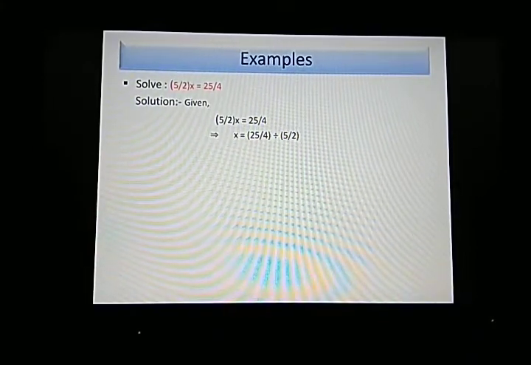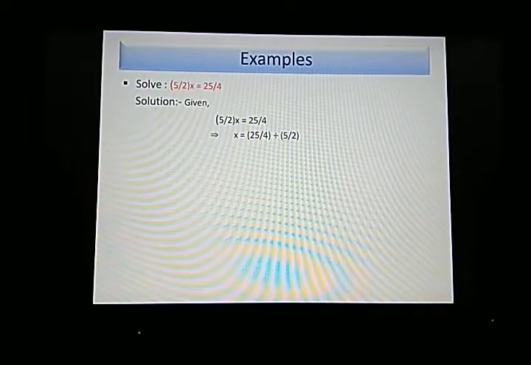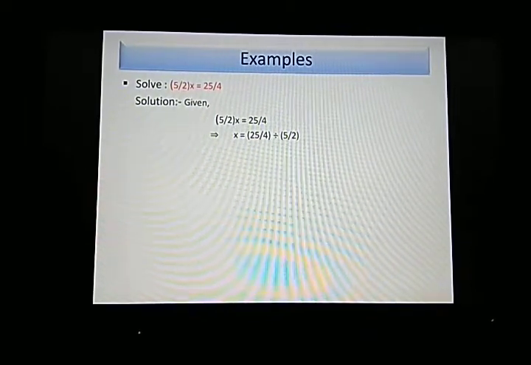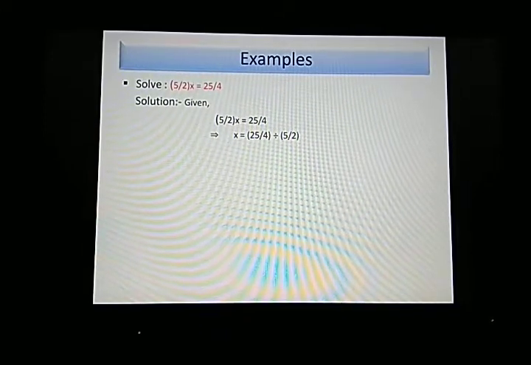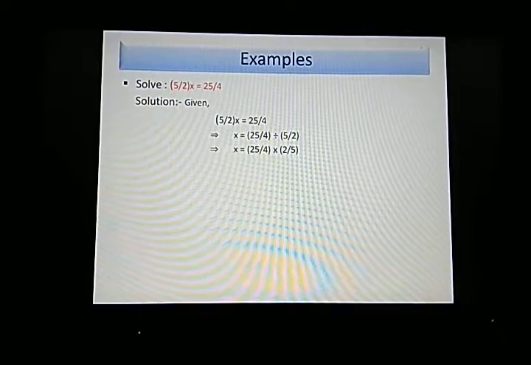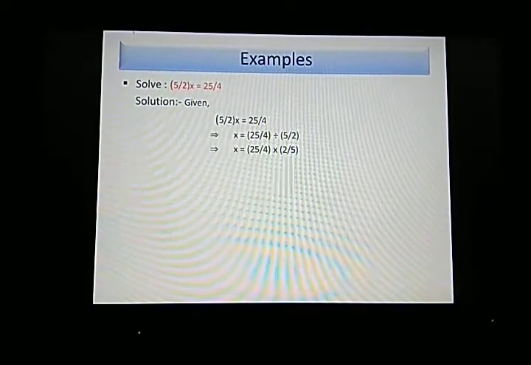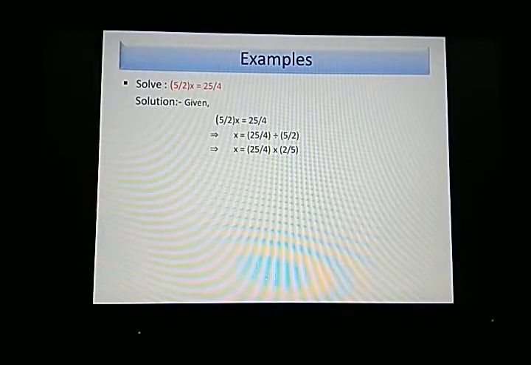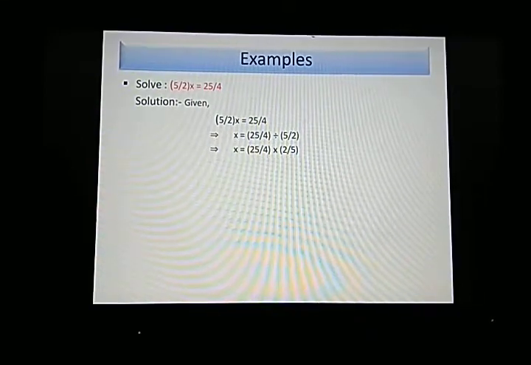Now we already know that to remove this division operation, if we want to convert it to multiplication, then we have to write the reciprocal of it. So that thing only we have done here. We have written the reciprocal of 5 by 2, that is 2 by 5, since we have changed the operation from division to multiplication.